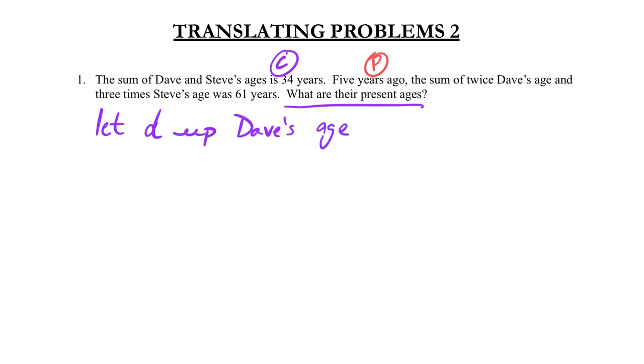because I have two different time periods, I'm going to make sure that I specify now. Current time period. I'm going to let S represent Steve's age now.